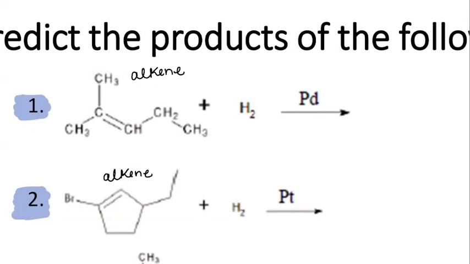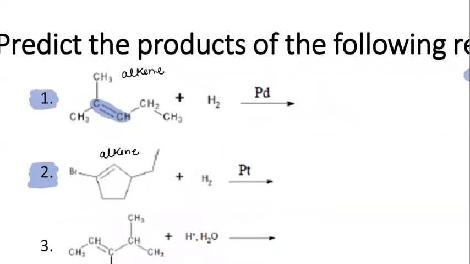So when we look at the molecule that is given to us in this problem, we can see that specifically our carbon-carbon double bond is right here. So what am I going to do? I'm going to predict the product, rewrite this molecule. So I have here a CH3.